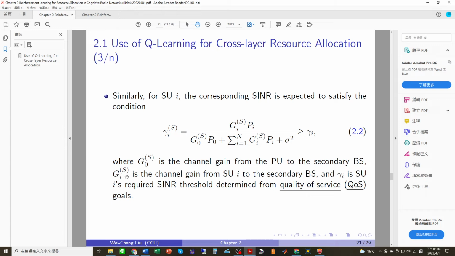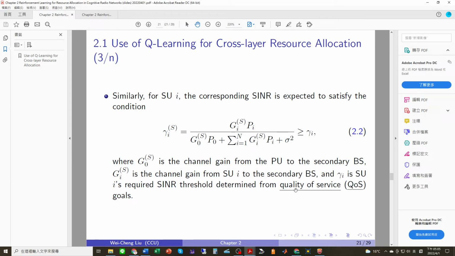We have just explained what GIS and PI are. And plus sigma square, which is the power of the AWGN, which must be greater than or equal to gamma I. And gamma I is secondary user I's required SINR threshold determined from quality of service QoS goals.